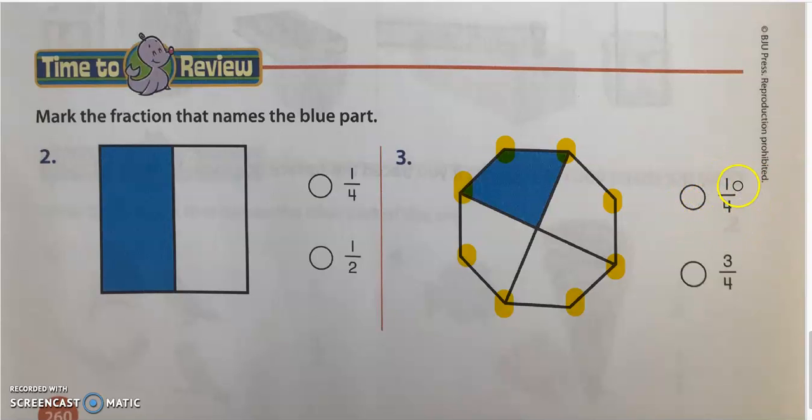We talked about this too, quarter, okay? 1 out of 4, that's called quarter. So fill in the bubble over here and over here for half, and quarter over here.